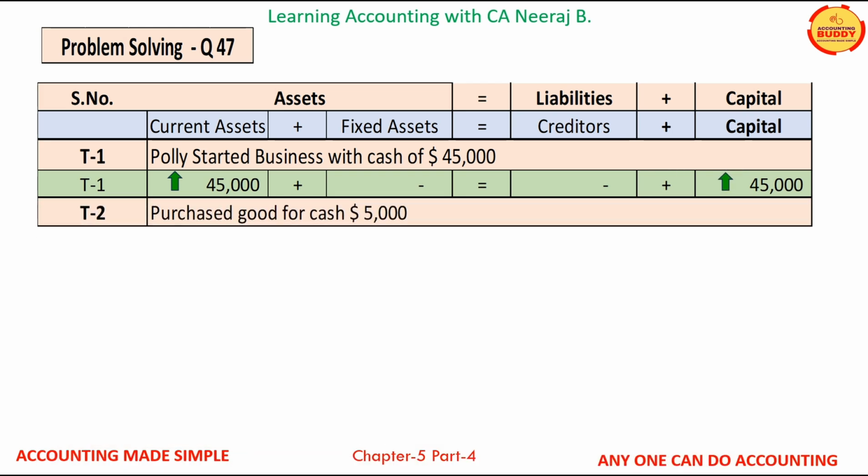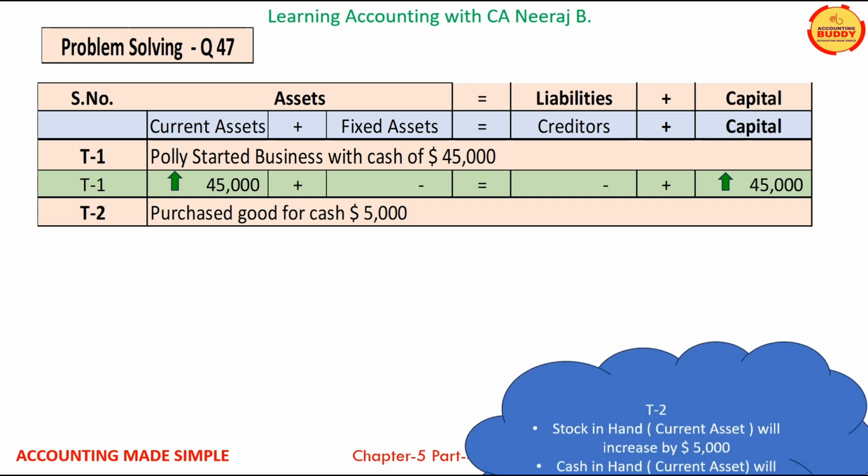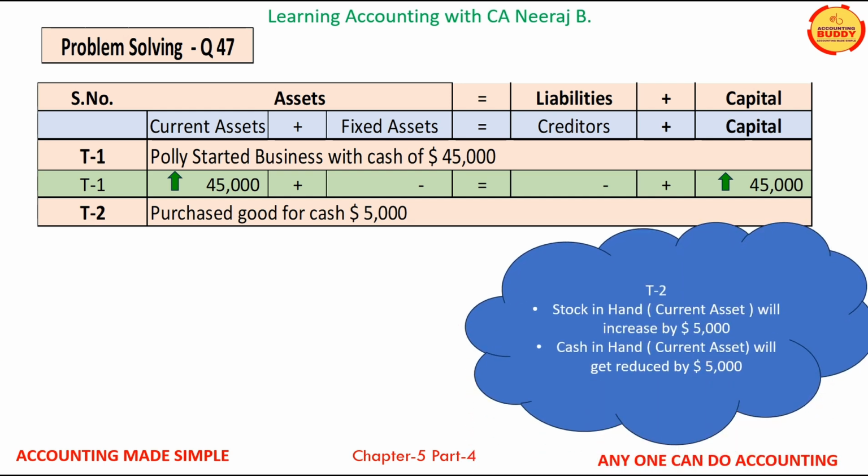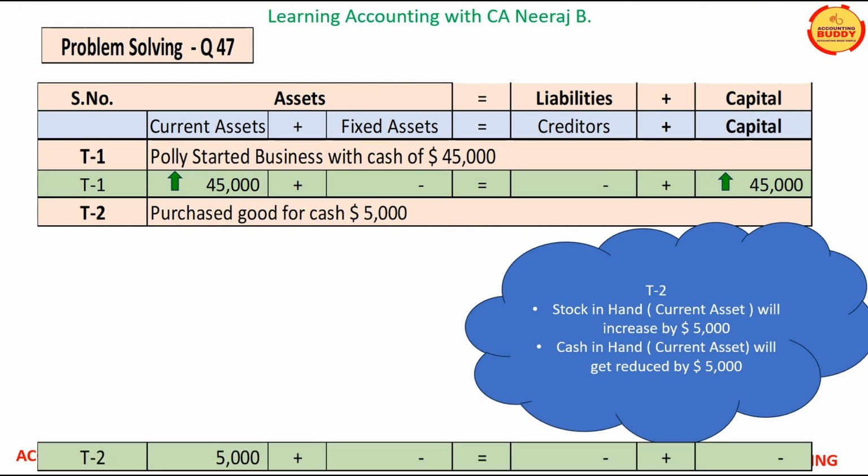Transaction number 2 is on your screens. Polly purchased goods worth $5,000 on cash. The two accounts which are getting affected by this transaction are the stock and the cash, and both are asset accounts.